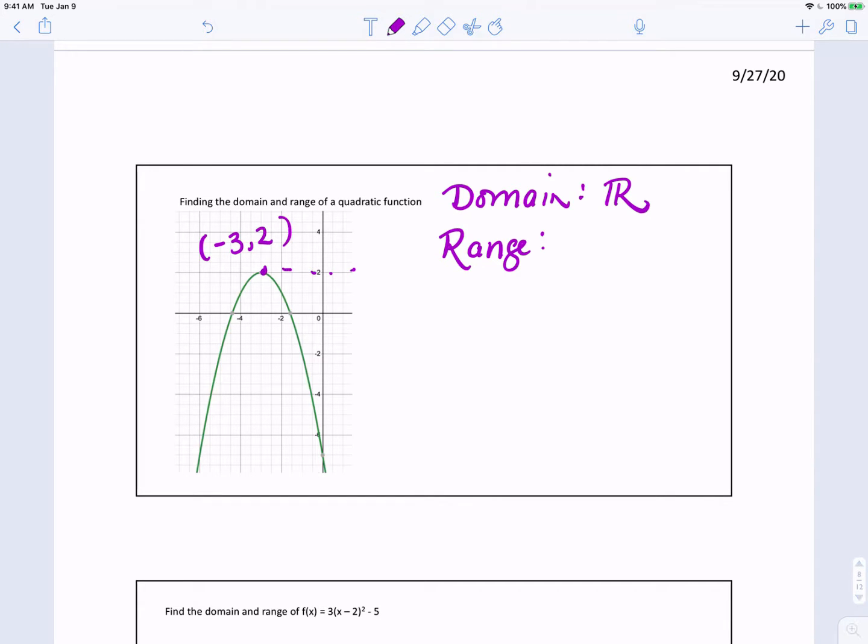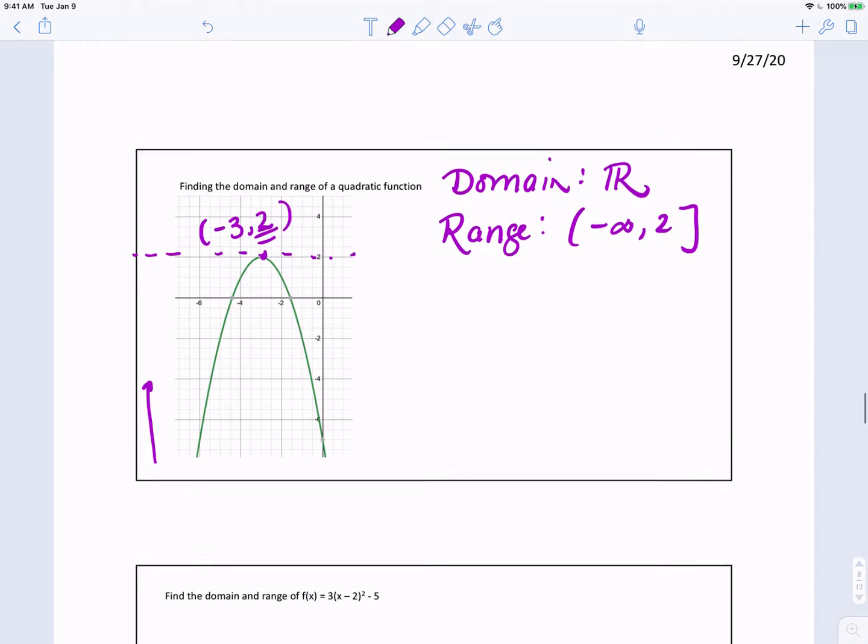And when you think about the range of a function, you think about the y values starting from lowest to highest. So we see that the y values start at -infinity and they go up to 2. So the range of this function would be from -infinity to 2. So finding domain and range from a graph is really easy to do.